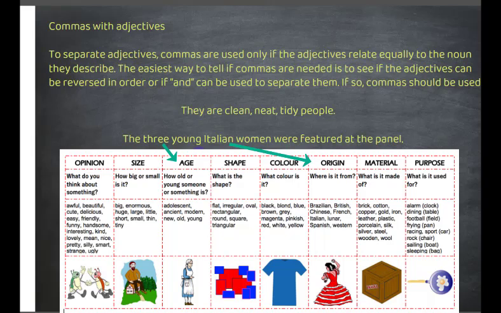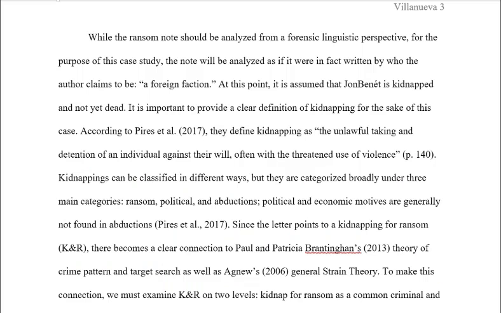We can't say "the 3 and young and Italian women." We're not going to say "the young 3 Italian" or "the Italian 3 young." We can't do that. So when you do that test for the "and" and the moving around freely of the adjectives, if you can't do it, then you remove the commas in this instance.